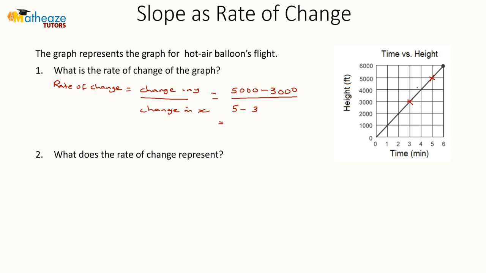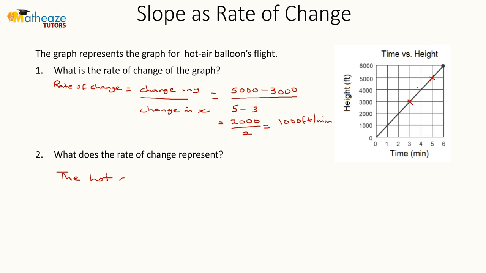So this is going to give us 2,000 over 2. So it's 1,000 feet per minute. So that means that this hot air balloon travels at a rate of 1,000 feet per minute. So what does the rate of change represent?